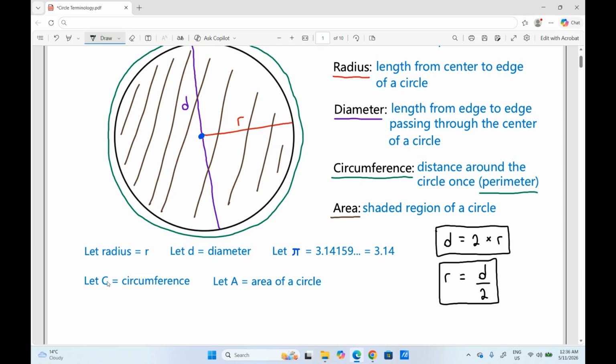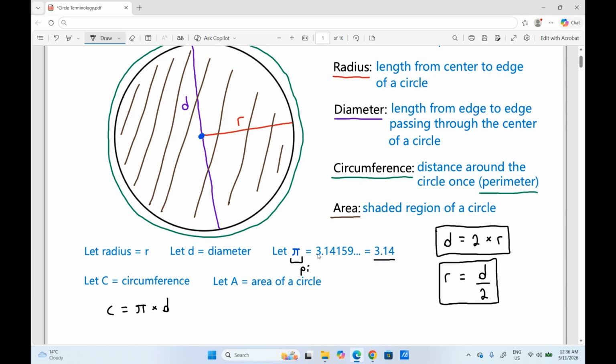Now for circumference, I'm going to let C equal circumference here. And the formula to find circumference, which is the distance all the way around the circle once, would just be pi multiplied by diameter. And in this case, I'm going to let pi, for simplicity, so this is the Greek symbol for pi, I'm just going to let pi be equal to 3.14.